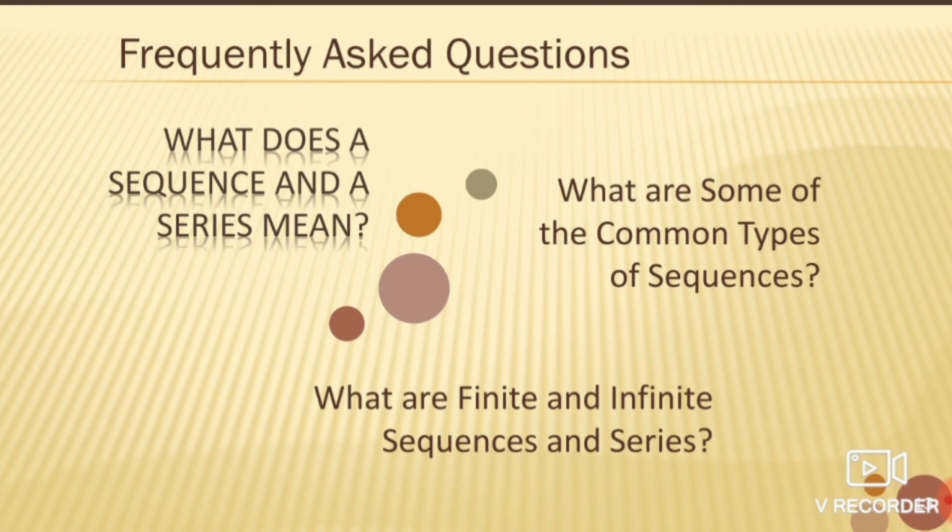In an infinite series, an infinite number of terms are added, like a1 plus a2 plus a3 plus a4 plus a5 plus a6. In the case of an infinite series, the number of elements is not finite.